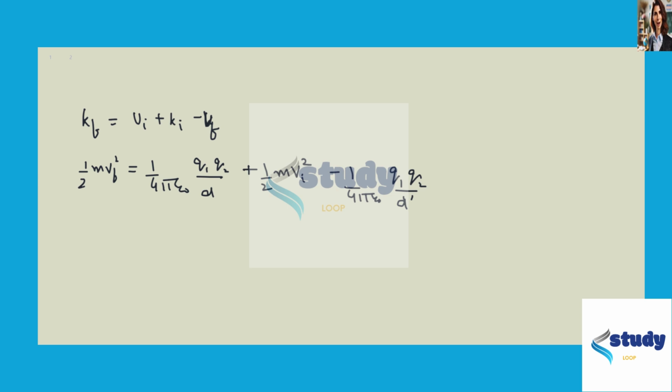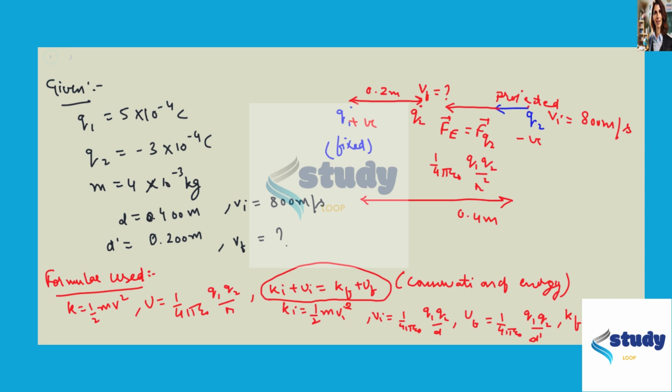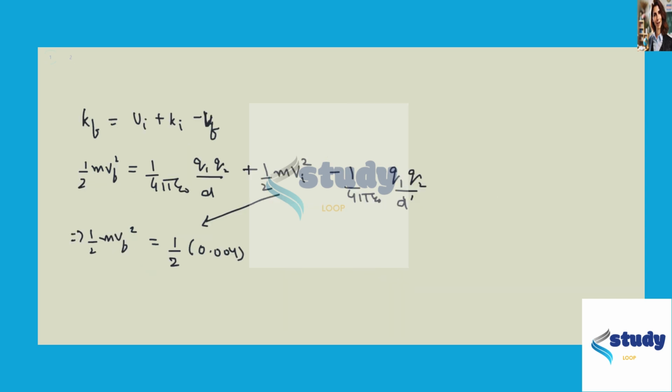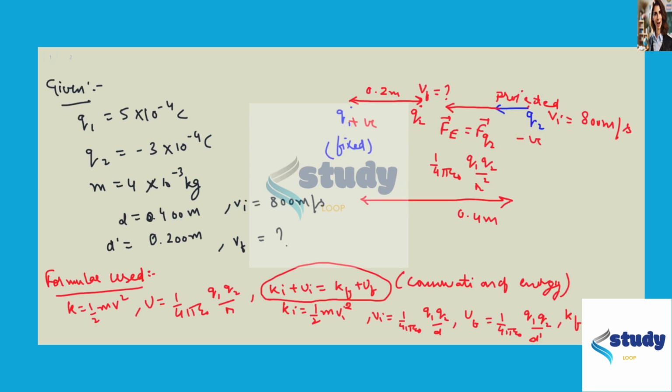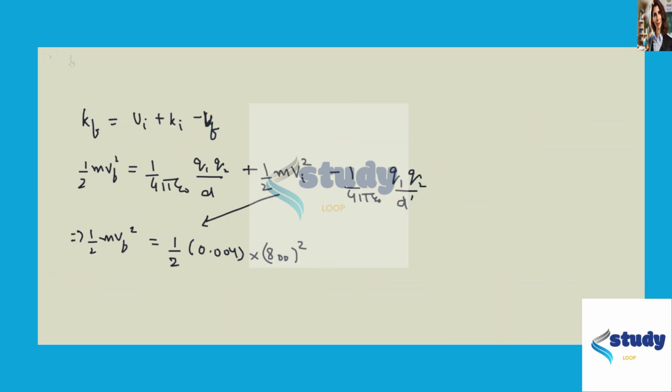So this becomes half m V final square equals to half, finding out this value here. So we have 0.004 kg, this is the mass of the particle, into 800 meter per second square. So this is the value here, the Vi. Now going to this value now.